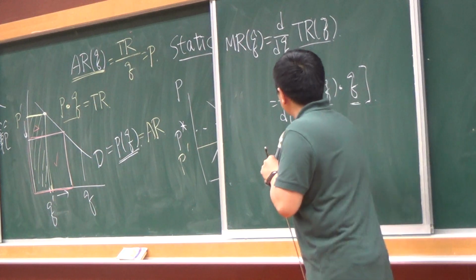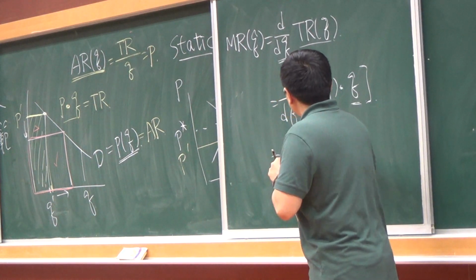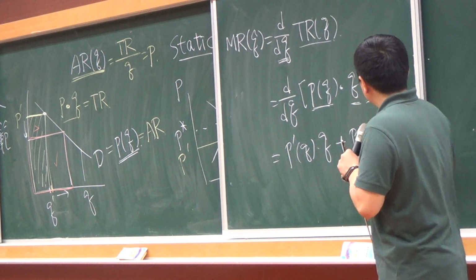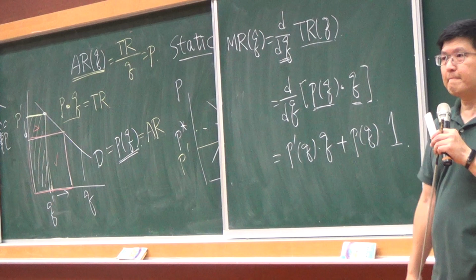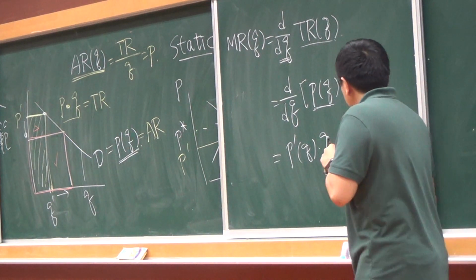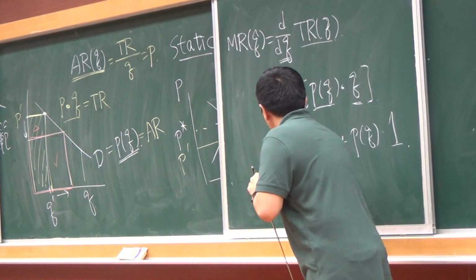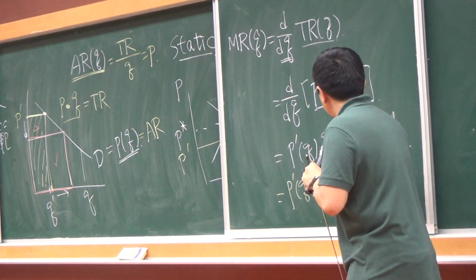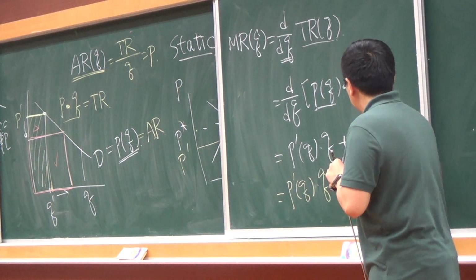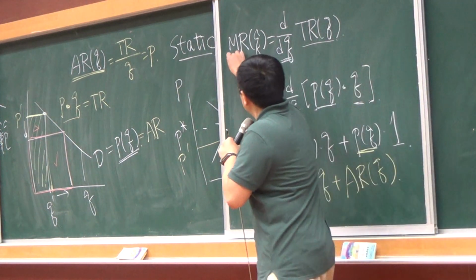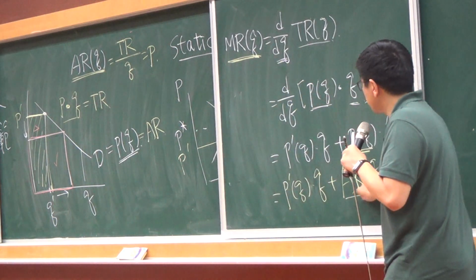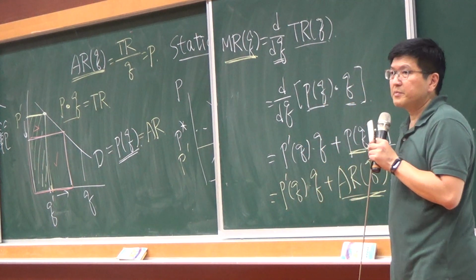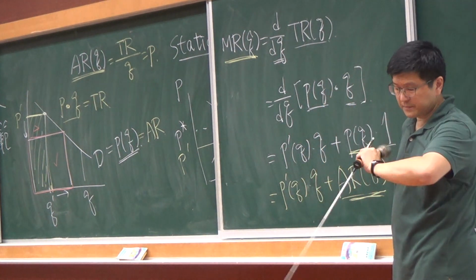We differentiate this first, P prime, and keep Q constant, plus keep P constant and differentiate Q, which is 1. And you will see this will be P prime of Q times Q plus this, which is the AR. So now we have the relationship between MR, marginal revenue, and average revenue. The difference would be P prime times Q.